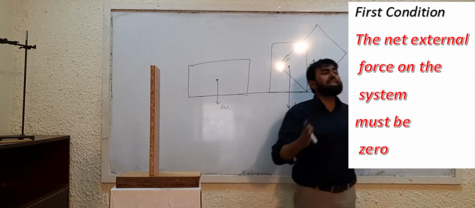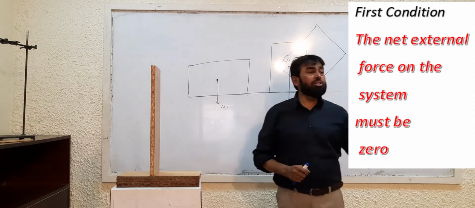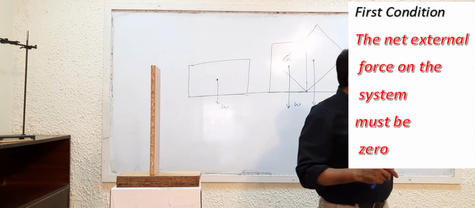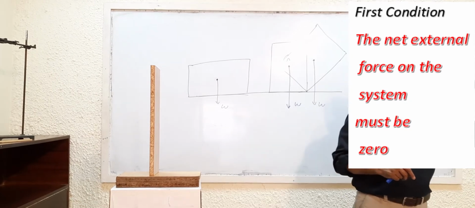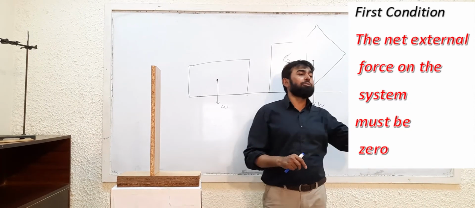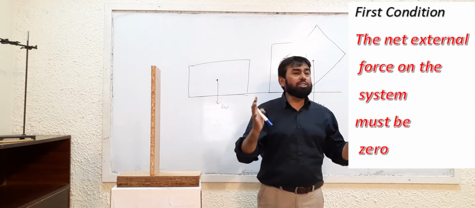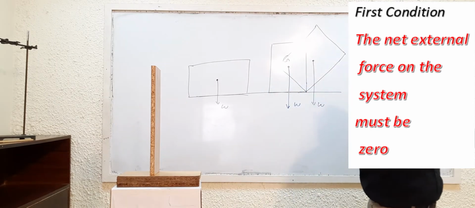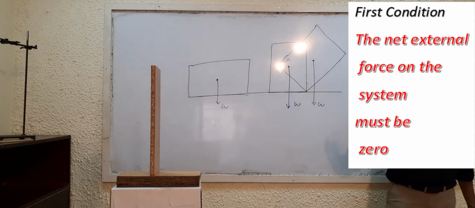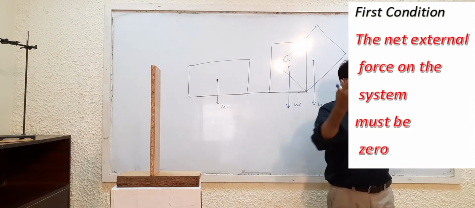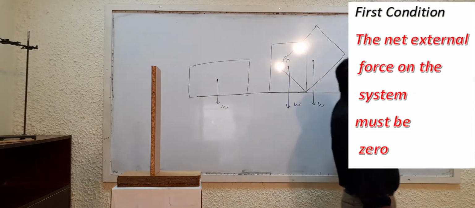If the body is in equilibrium, then we must be sure that the sum of all the forces acting on the body is equal to 0. The forces cancel each other, so their resulting effect must be equal to 0. This is the first condition of equilibrium.